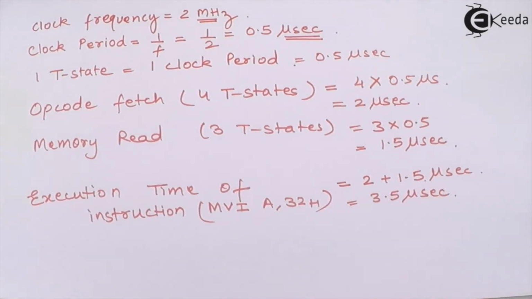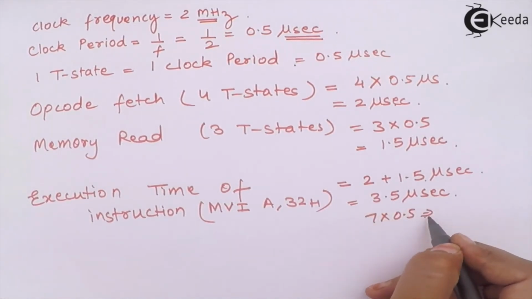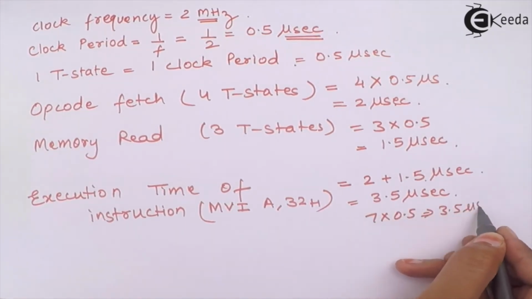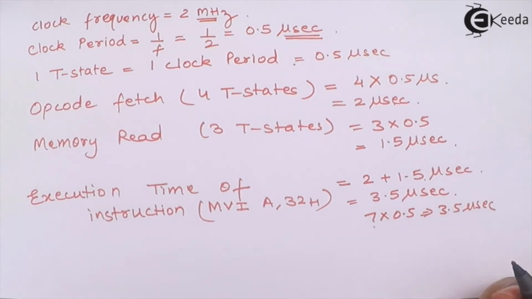We can also obtain it directly: 7 into 0.5, so it will be 3.5 microseconds. Total T states multiplied with the clock period.